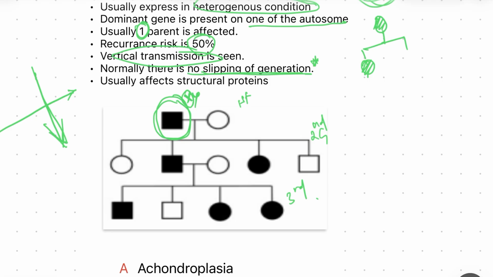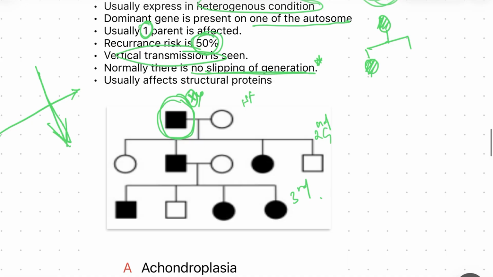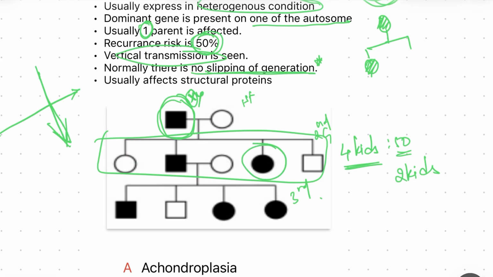So this is a pedigree chart. Let's see the pedigree chart along with the details. This will be seen in heterozygous condition, so obviously it will be your father who is heterozygous. He is affected, so he will be having X and Y. Then we have the dominant gene, and one parent will be affected.